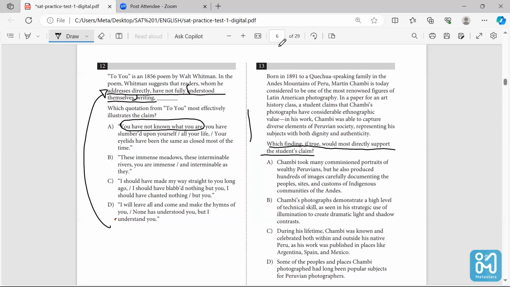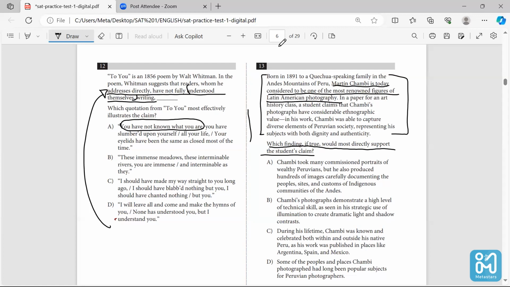So they need one of the options to help support the main focus of the paragraph. Okay, now read it quickly, guys, this paragraph. So we need a statement here that could support the student's claim about what? About Martin Chambi, who is today considered to be one of the most renowned figures of Latin photography.